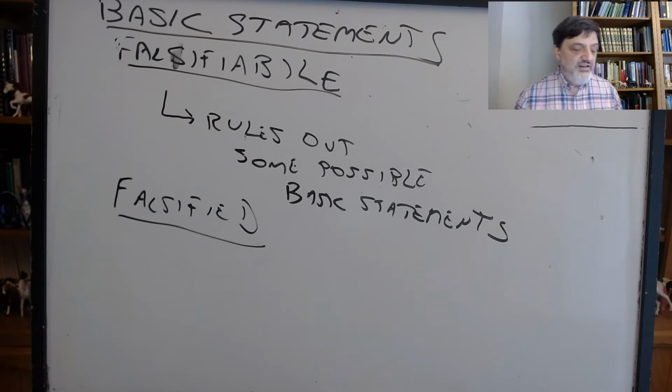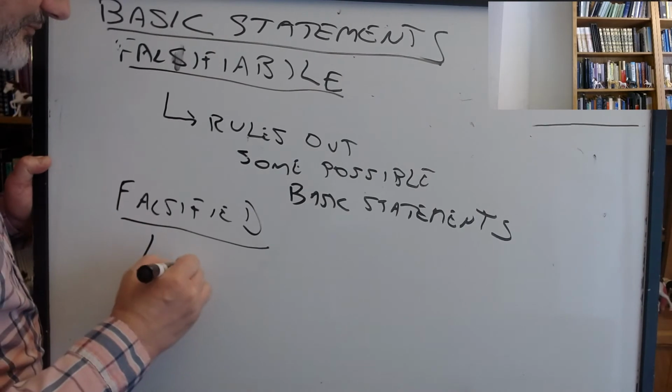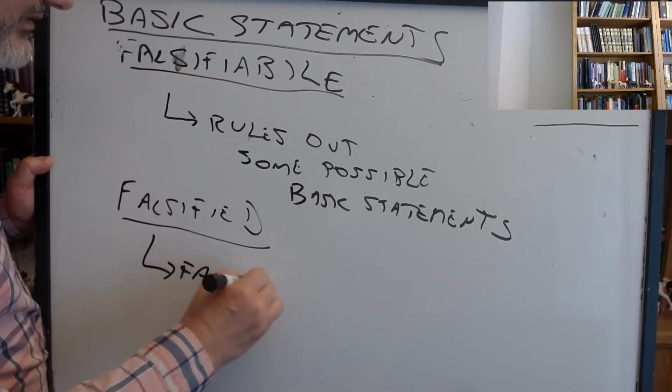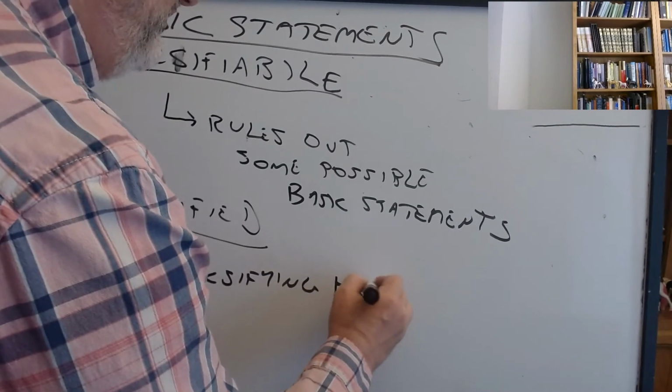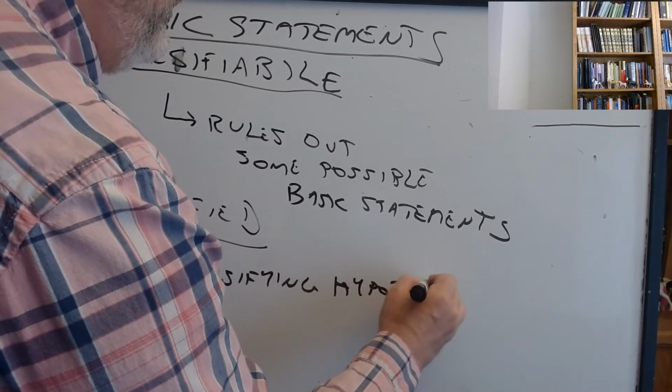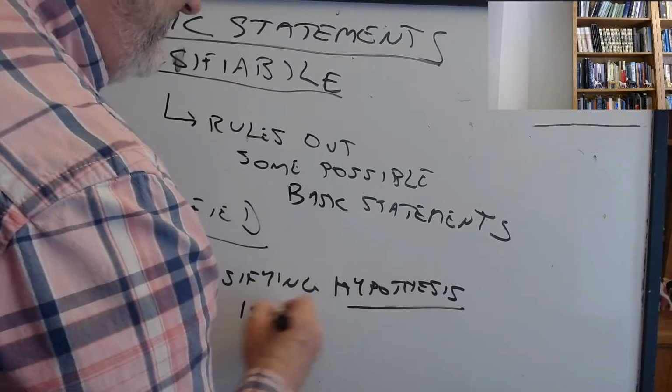On the contrary, he says that normally we ignore stray observations. So we reject the theory when a falsifying hypothesis is accepted.